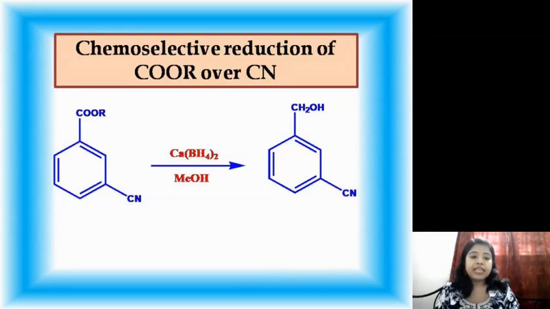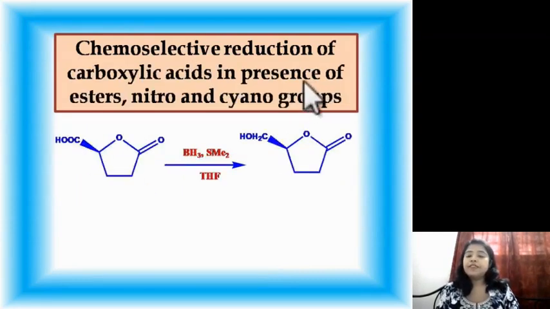Now there are many examples of what is referred to as the chemoselective reduction of carboxylic acids in the presence of esters, nitro and cyano groups. Here we have COOH and C double bond O. There is BH3·SMe2 and tetrahydrofuran giving rise to the reaction.